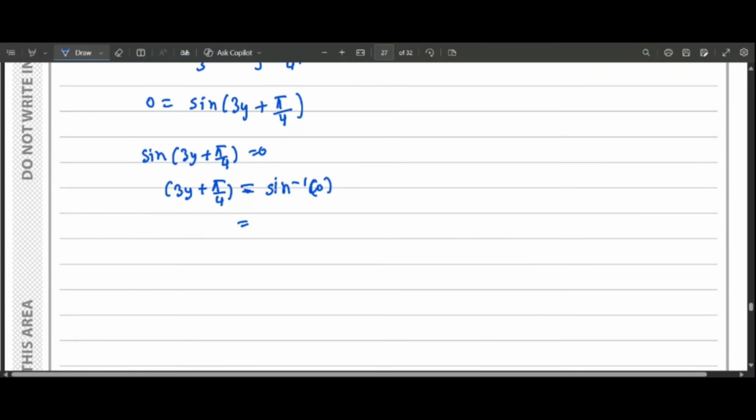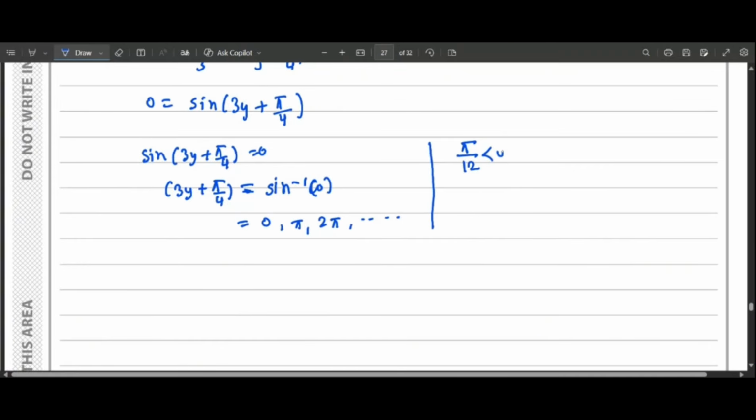Now we know that the values of angle at which sine function becomes 0 are 0, pi, and 2 pi, and many others. The values that will be valid for this particular question need to be within the range given.